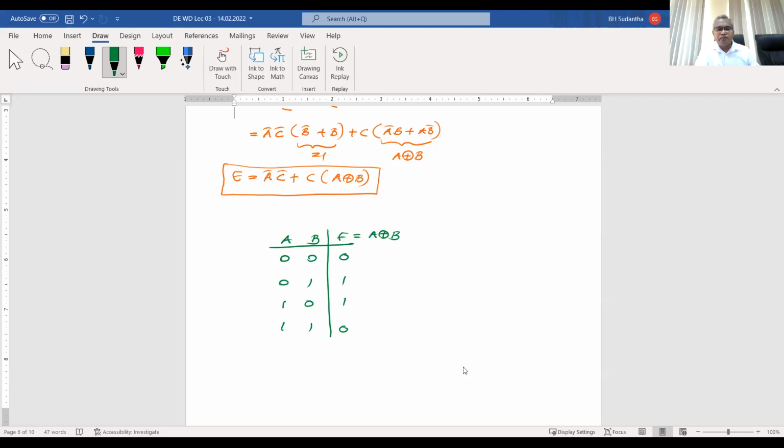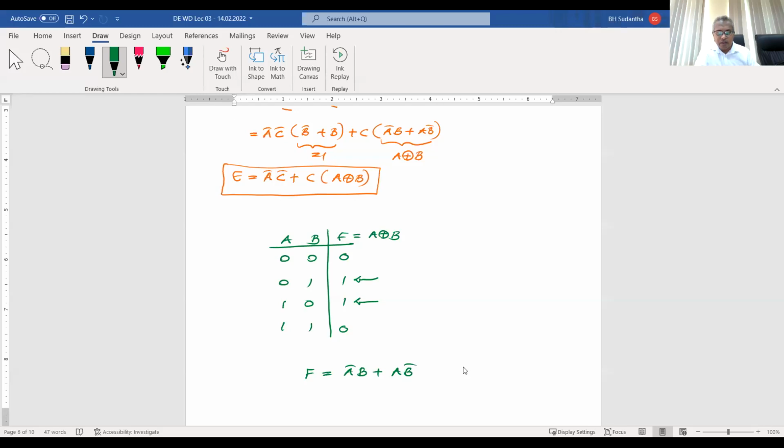Okay, then assuming that this is F, for F we can write the output equation considering this one and this one. This is A bar B plus A B bar.